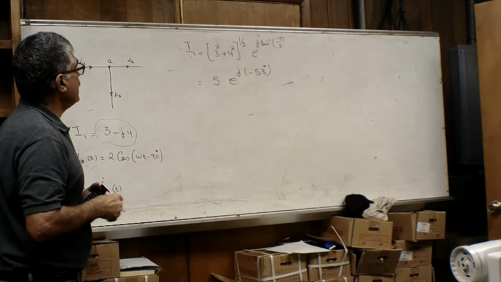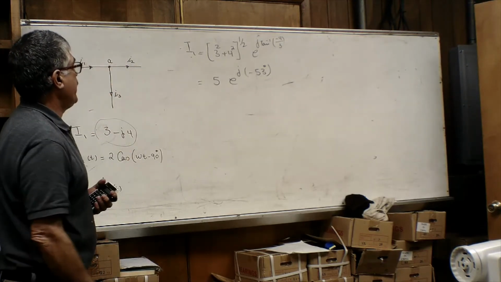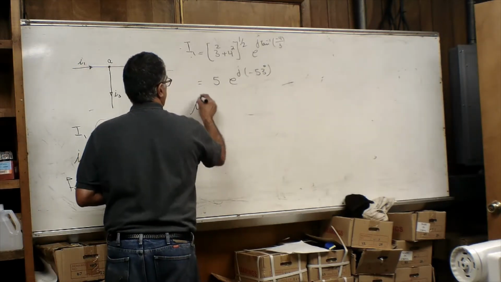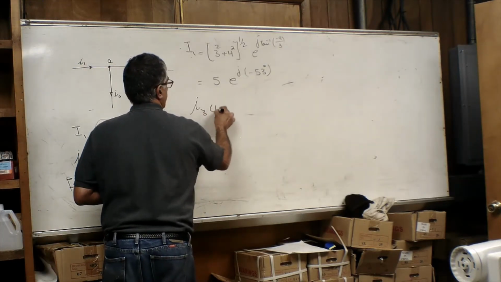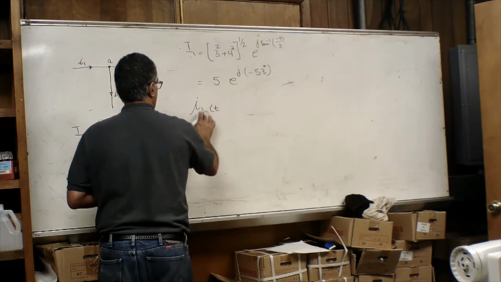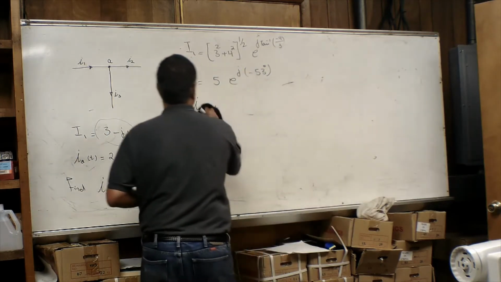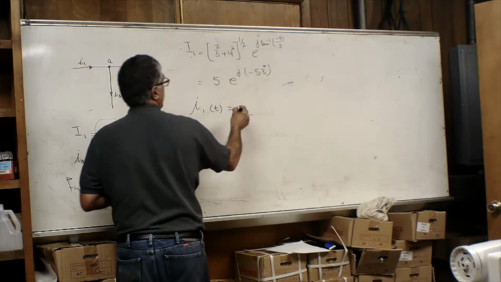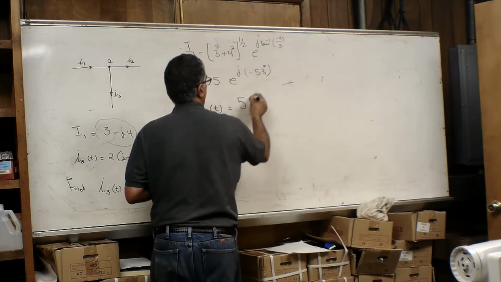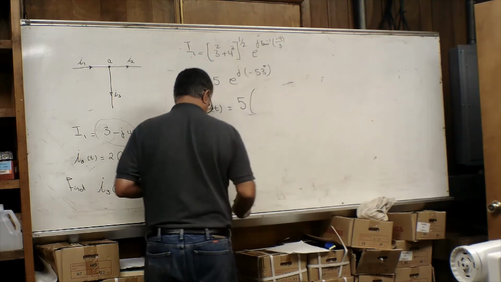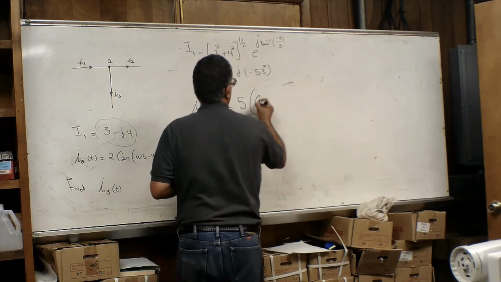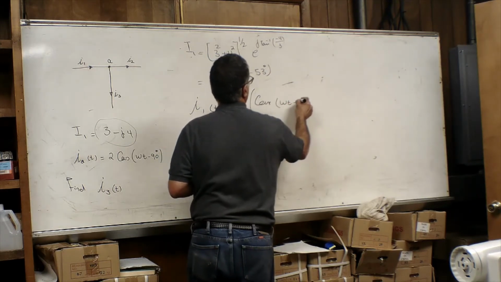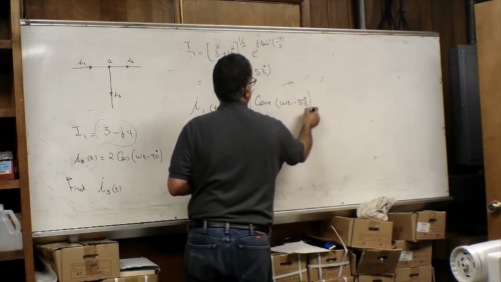So this is the exponential form, the phasor form. The time expression for I1 will be equal to 5 times cosine of omega t minus 53 degrees.